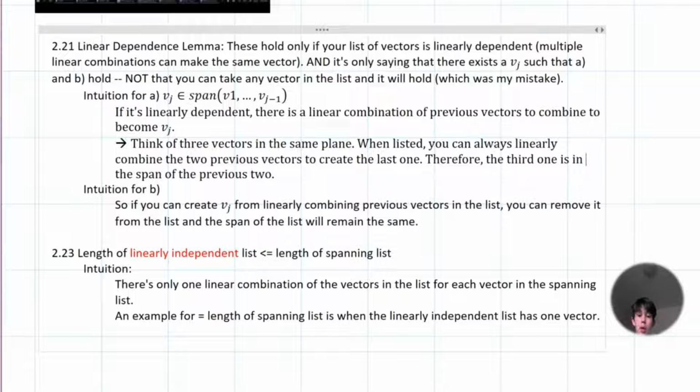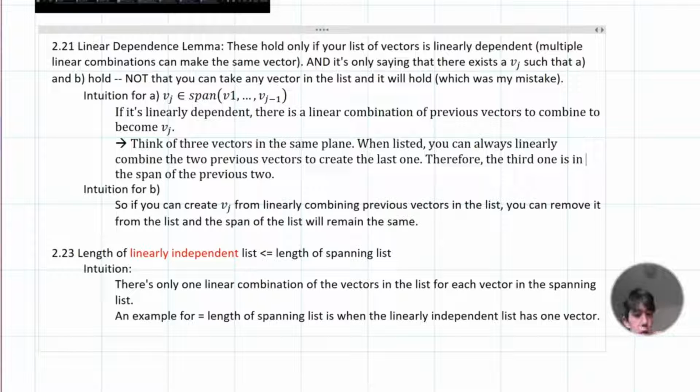There's only one linear combination of that null space, right? The null vector, sorry, whatever it is. And then the length of the spanning list is that one linear combination, which means it's equal. That might be slightly scuffed, but I think it's an example of when it equals.